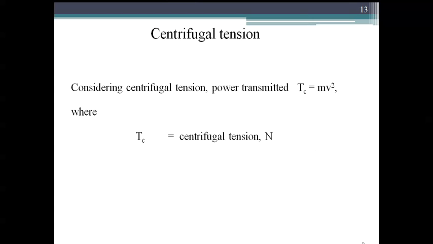Tc is the centrifugal tension in newtons. Centrifugal tension is considered when the belt speed is more than 10 meter per second.